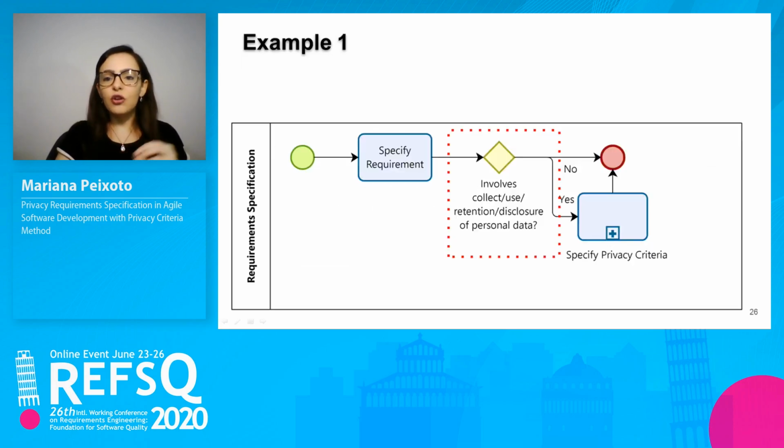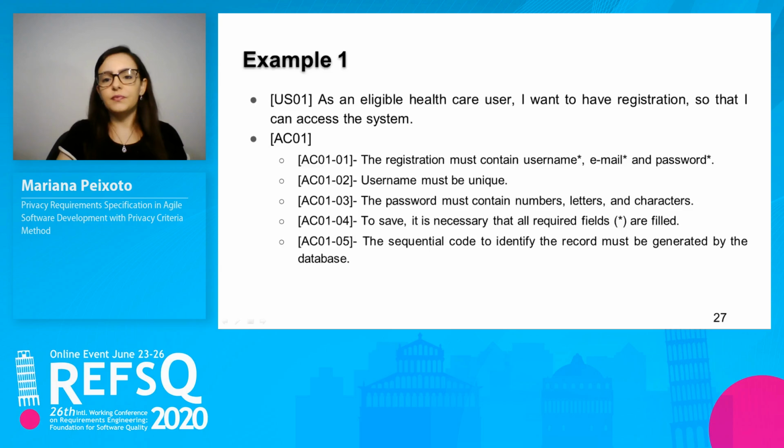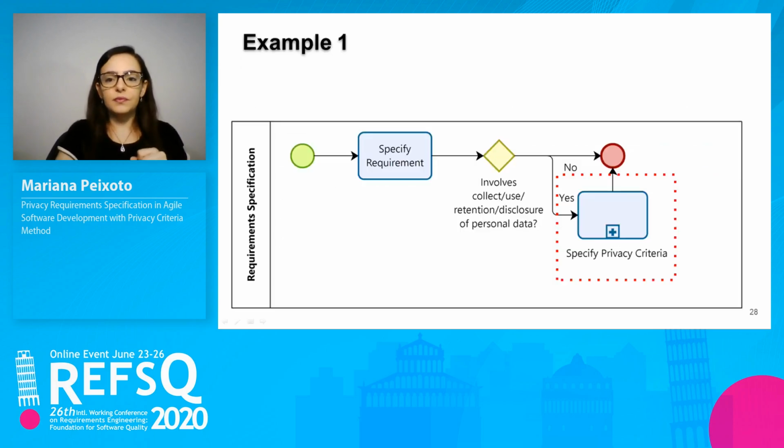After that, we should ask if this requirement involves collect, use, retention, or disclosure of personal information. And the answer is yes, because we have username, email, and password. Because the answer is yes, we should start the specification with PCM.